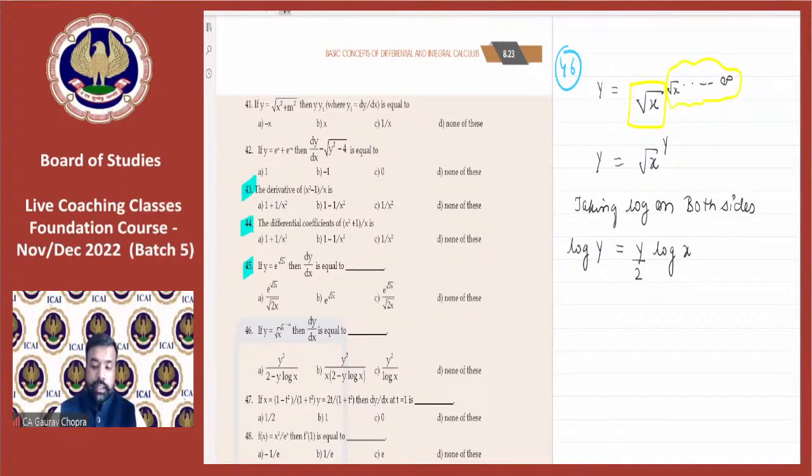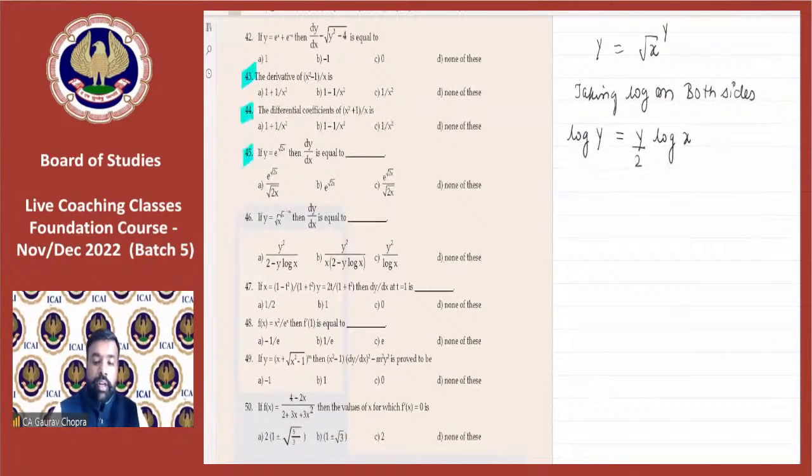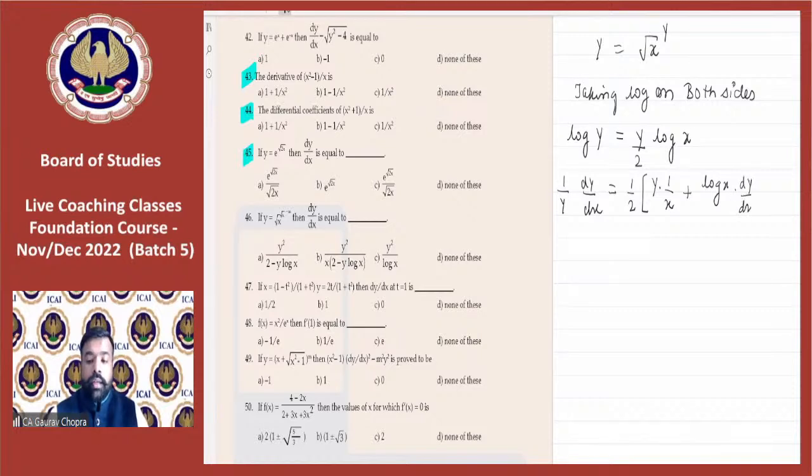Now we can differentiate. Derivative of log y. So 1 by y dy by dx is equal to 1 by 2 is outside. Now y log x. We can use UV rule, product rule. y will remain as it is. Derivative of log x is 1 by x, plus log of x will remain as it is, and then derivative of y will be dy by dx.